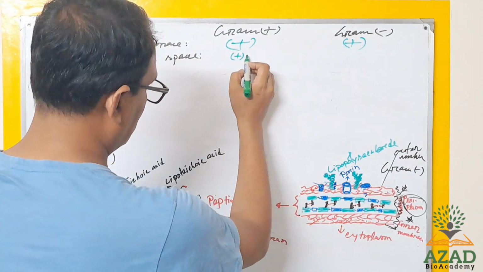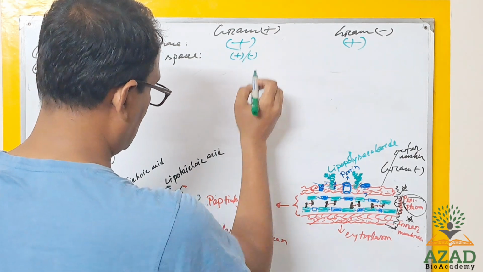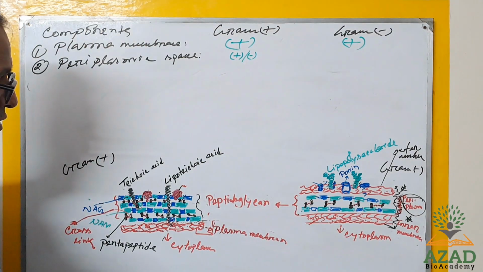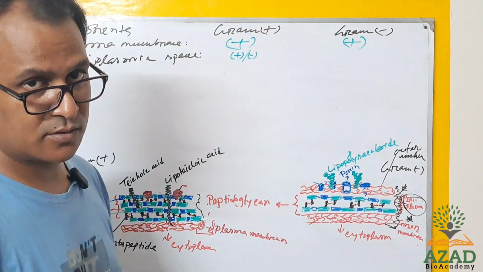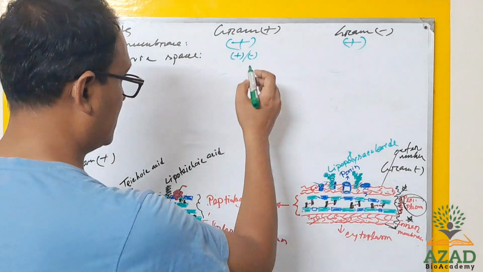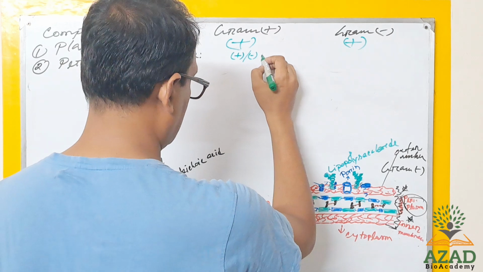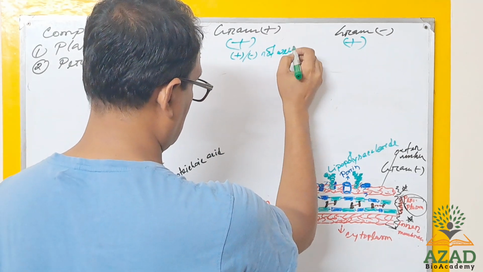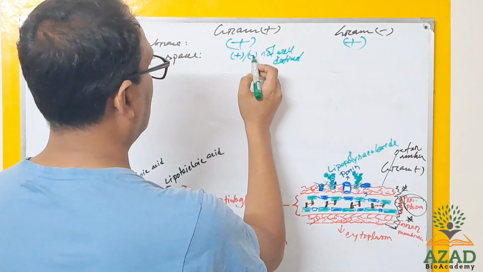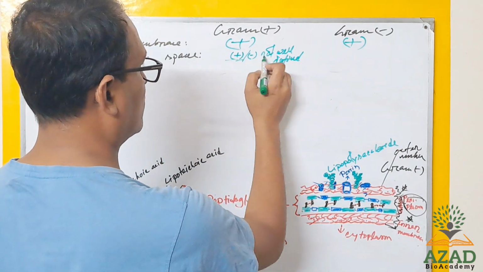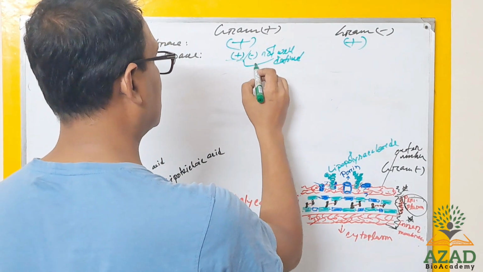Or you can say no, because it is very thin and not possible to define, that means not well defined. You can say positive but not well defined, or also negative.